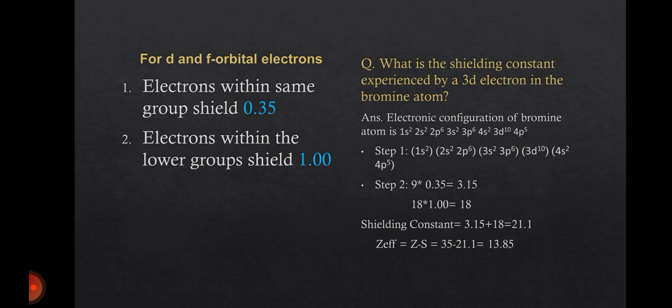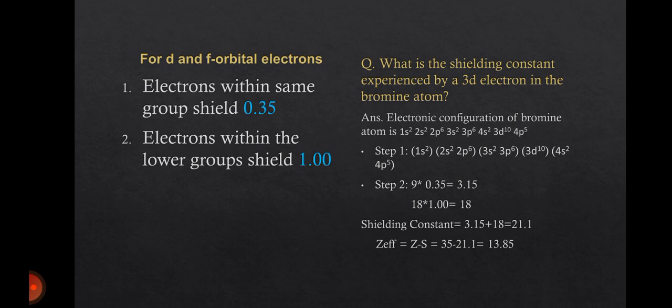For d and f orbital electrons, how do we calculate the shielding constant? This can also be explained with the help of an example. The question is, what is the shielding constant experienced by a 3d electron in the bromine atom?